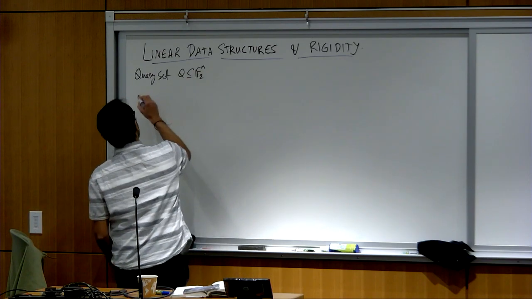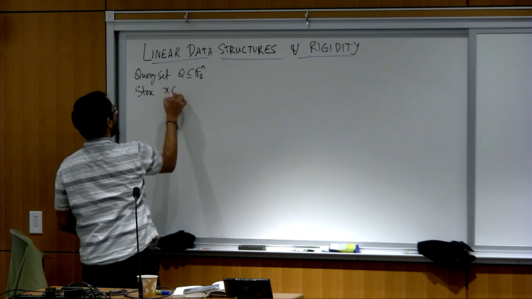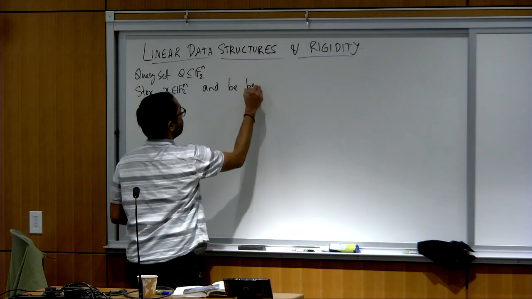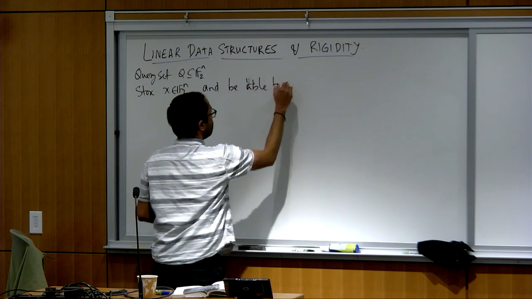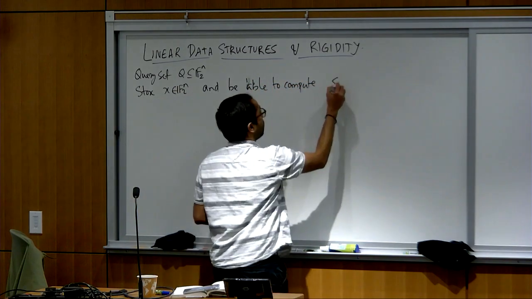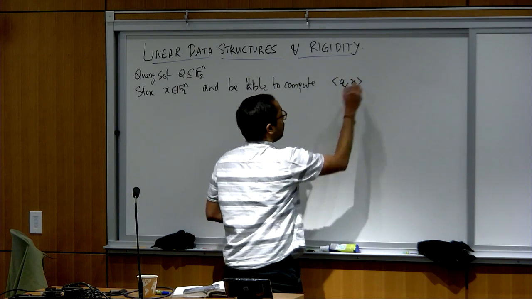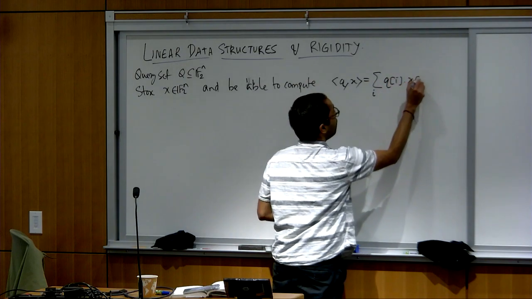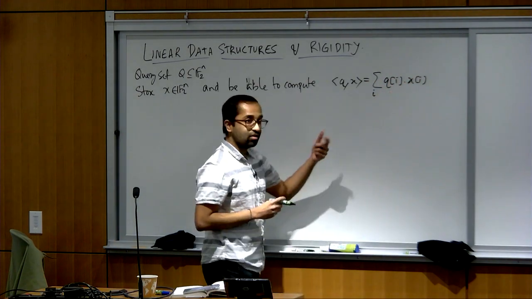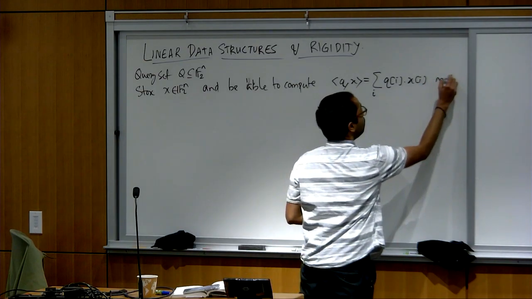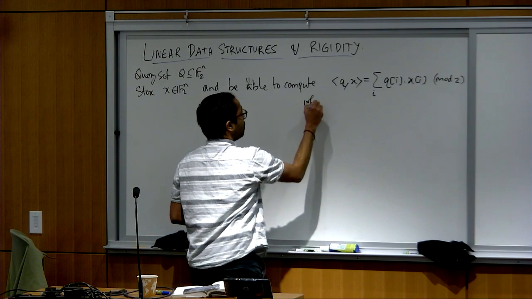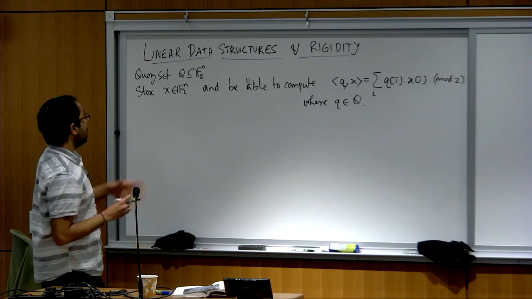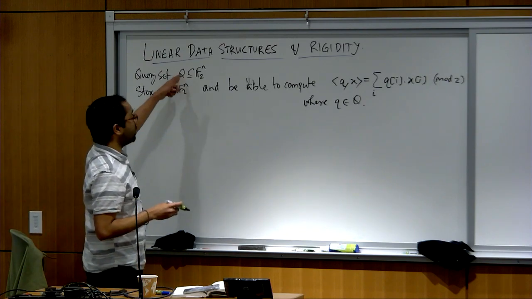The goal is to store a vector x in F2 to the n and be able to compute inner products of the form qx, which is the sum over all i of q(i) times x(i), where q(i) and x(i) denote the ith coordinates, mod 2, where q is from the set capital Q. So you know x ahead of time, and also you know this set Q.